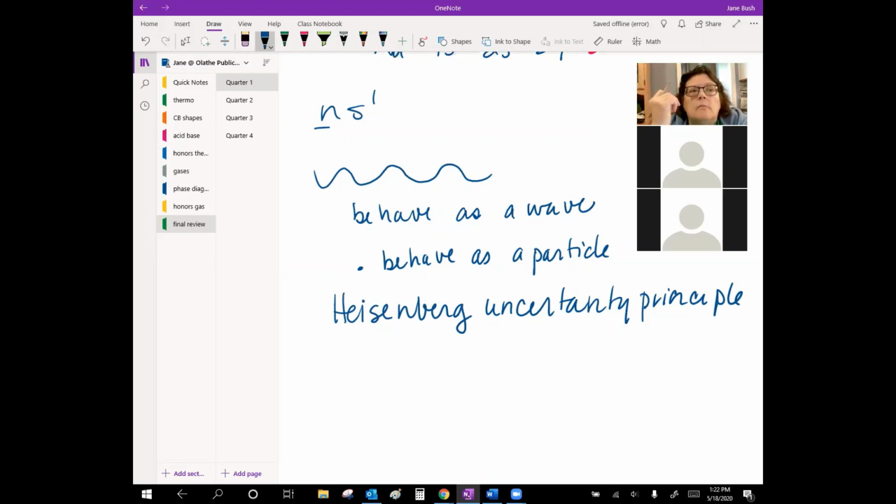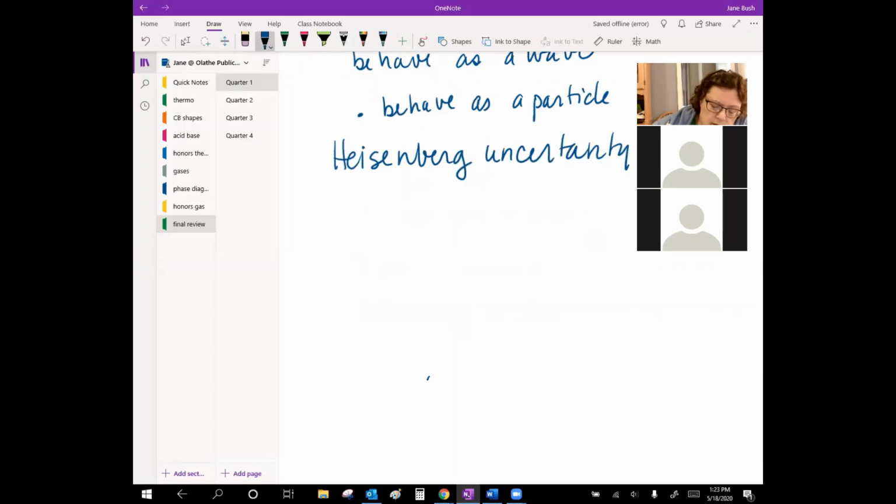The idea here is that you can either know how fast the electron is moving or you can know where it is, but you can't know both. So if you know where it is, you will have no idea how fast it's moving. If you know how fast it's oscillating, you don't know where it is. And that's the uncertainty principle, okay? So when you talk about electrons, I'm going to go back to another drawing.